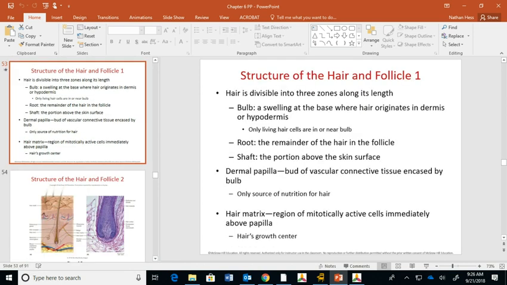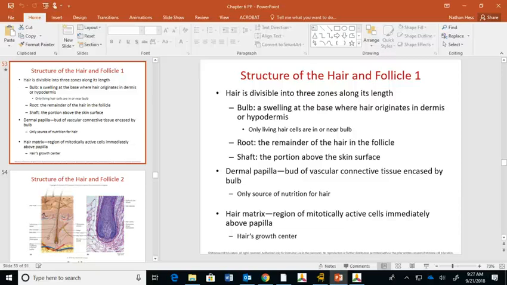Let's talk about the hair structure. So there's the bulb, which is at the very base, a kind of swelling. There's a good picture there, we're on page 185. This swelling is the part of the hair that's alive. That's the part that's actually growing and reproducing, in the bulb.